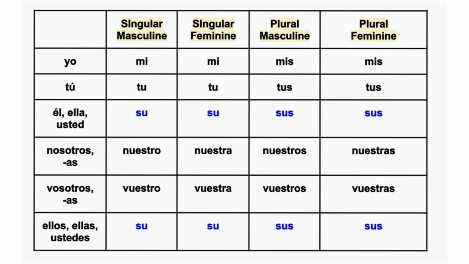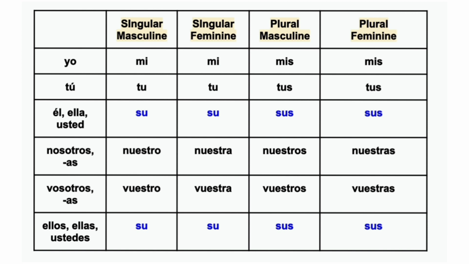For example, yo, mi, mis, tú, tu, tus, su, sus, and the same with ellos, ellas, ustedes, sus. Yes, probably you have already noticed that él, ella, usted, ellos, ellas, ustedes have the same possessive pronouns.